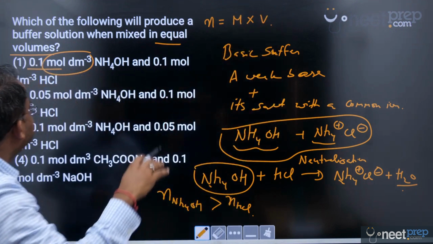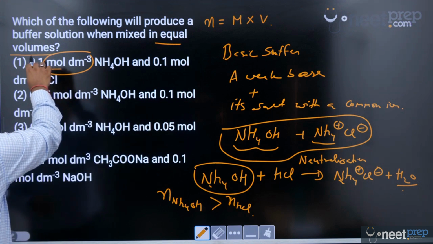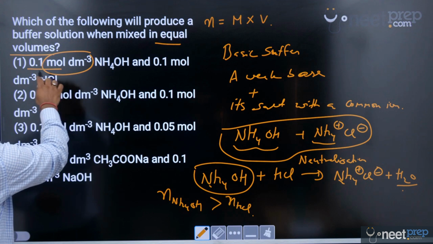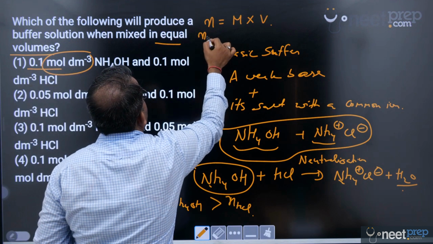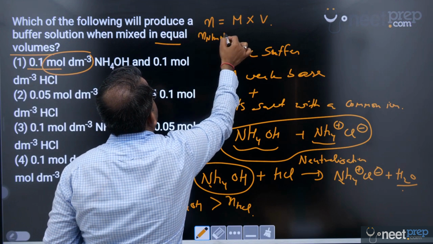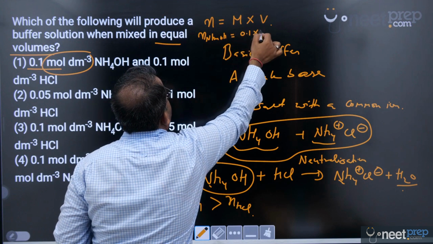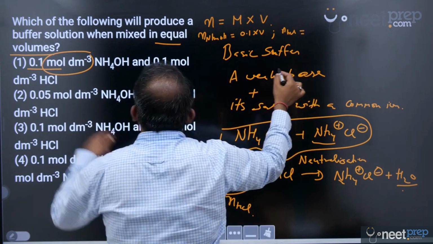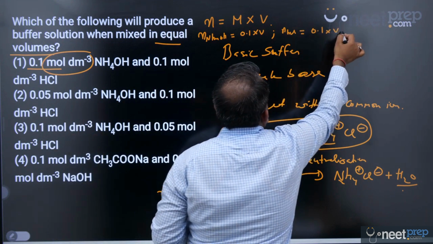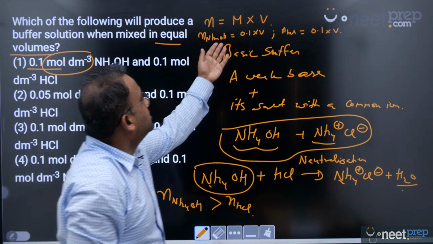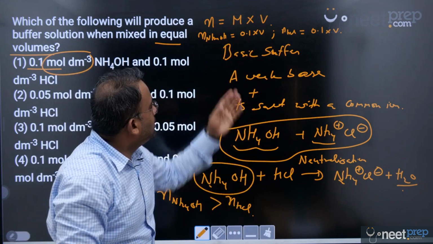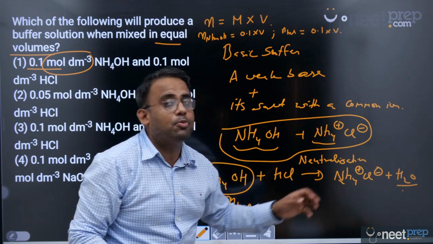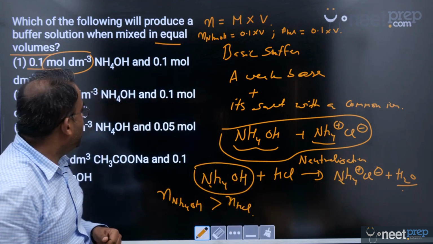But I only have to consider the molarity because equal volumes are given. So I have here 0.1 moles per liter. The number of moles of ammonium hydroxide in the first case is 0.1 V, and the number of moles of HCl is also 0.1 V. This case will not work out, because at the end of the reaction we will only have ammonium chloride, no ammonium hydroxide.